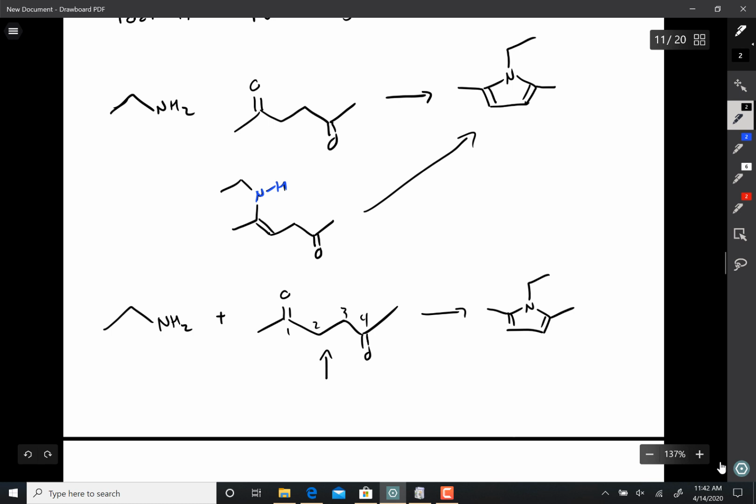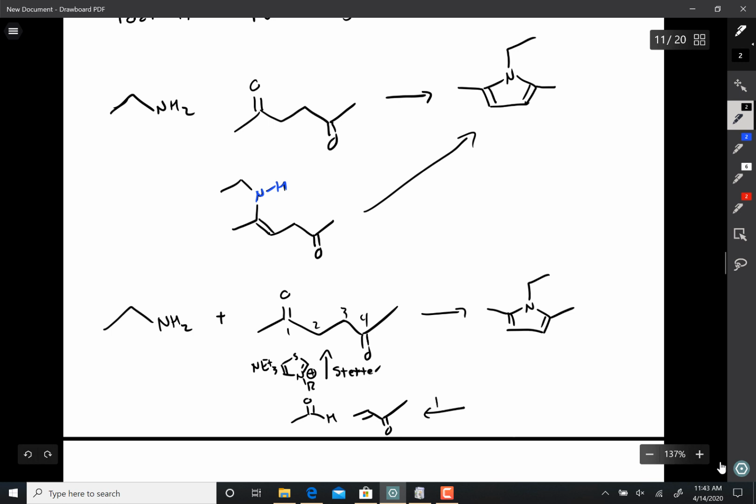Well, that can be made by the Stetter reaction. The Michael acceptor.